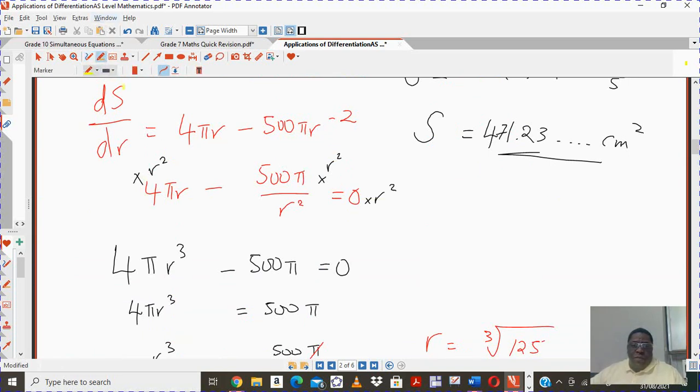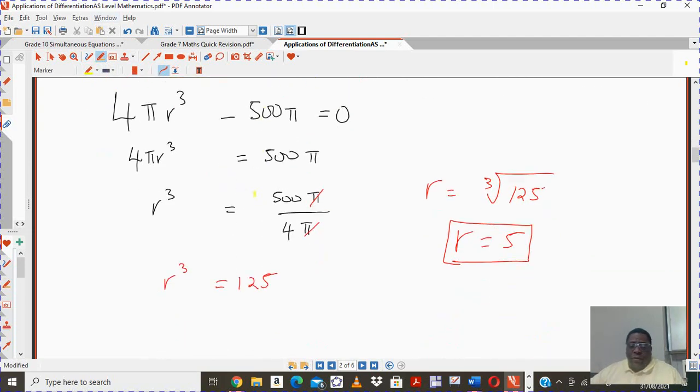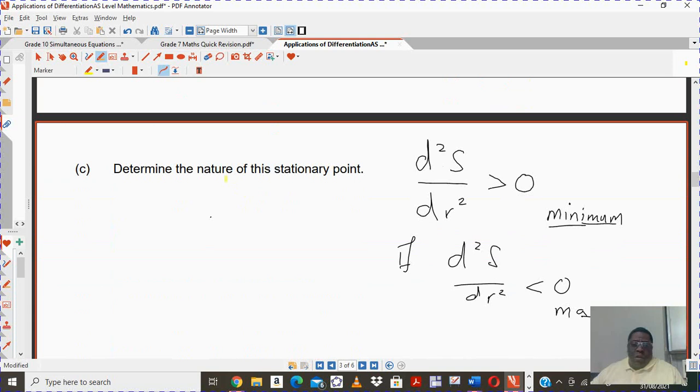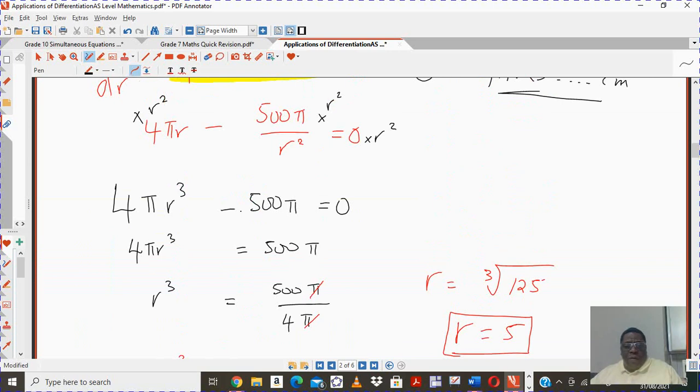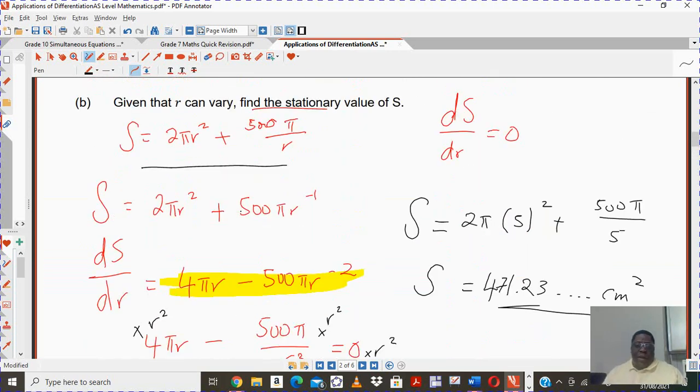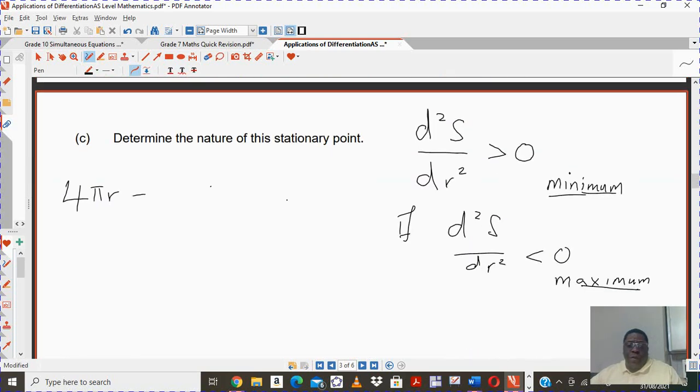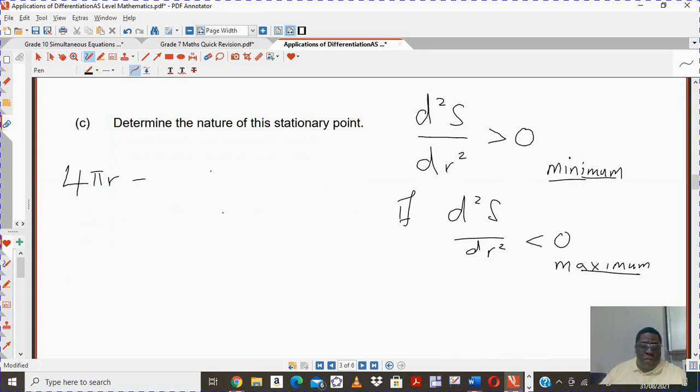So the first derivative is this value here, which I will rewrite as 4 pi r minus, so just go back and make sure we have the correct value, minus 500 r raised to the negative 2 power.